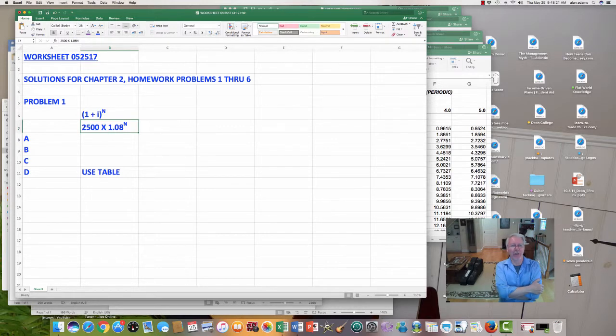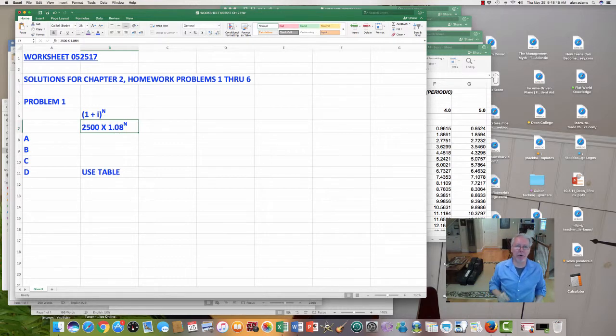$2,500 that you start with, and you're going to multiply it by 1.08. That's 1 plus the interest rate, 8%, 1.08. You take that 1.08 to the nth power. Now, order of operations is critical here. Don't multiply 2,500 times 1.08 and take that result to the nth power, okay? The nth power only applies to the 1.08.